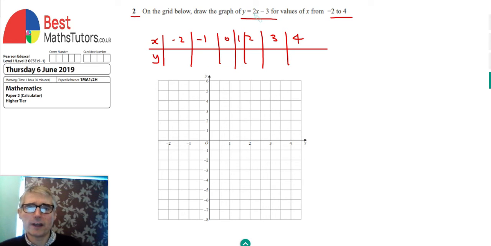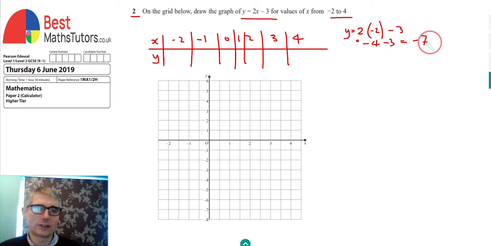So if x is -2, then if I substitute that into the formula for y, it's 2 times -2 take away 3. So 2 times -2 is -4 take away 3, which is -7. So that gives me my first value of y there. And we can do this for several of the other values as well.